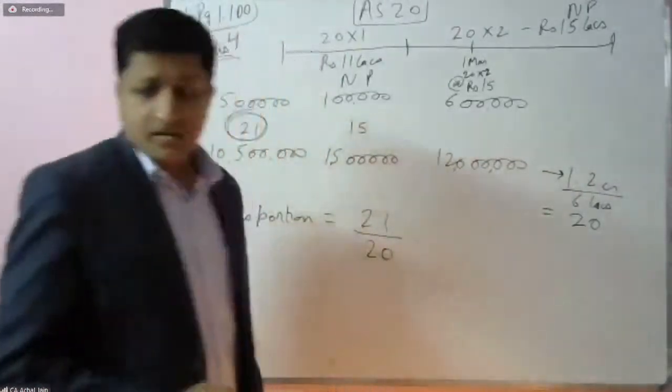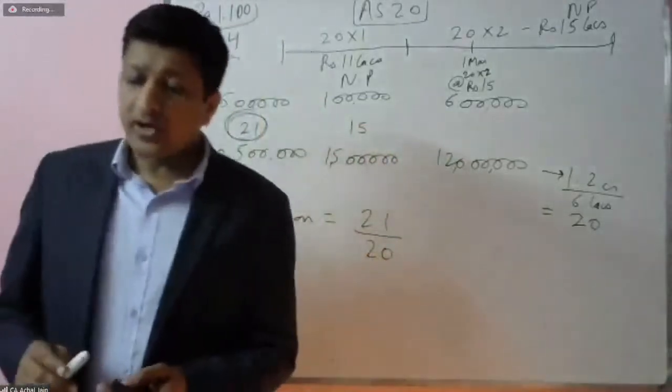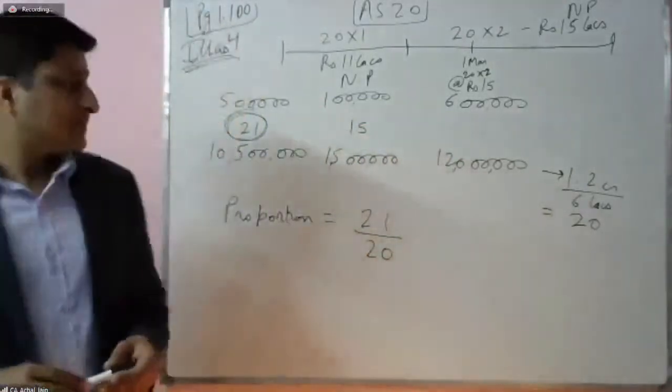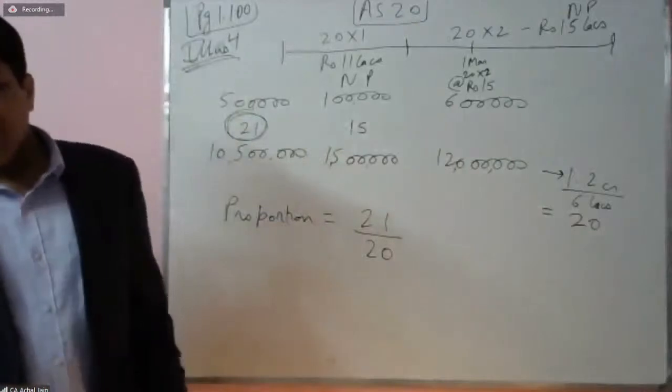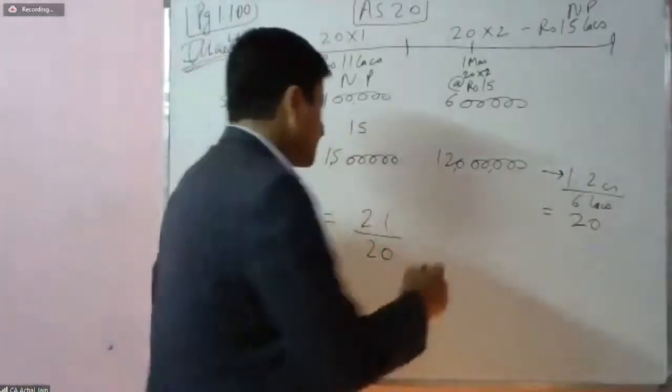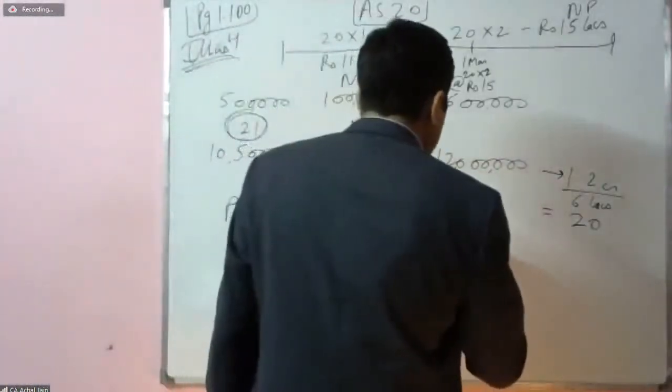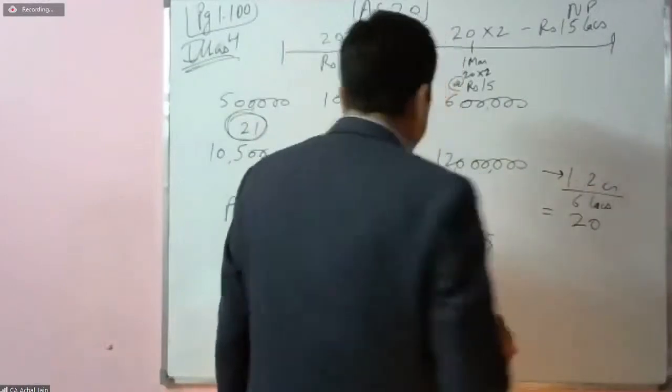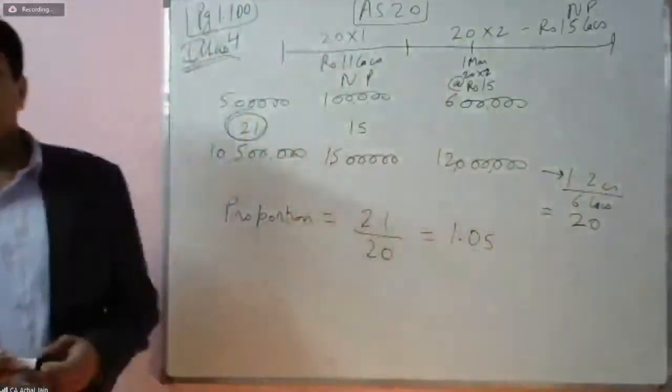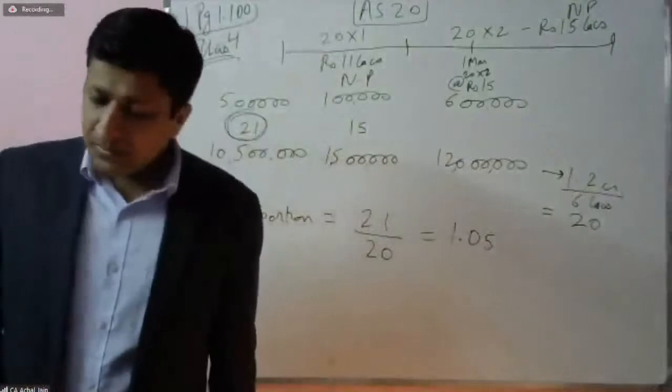So that means this is the proportion we are required to use. Okay, we can also say this is 1.05. Either you can keep it in fraction or you can just keep it in numbers.